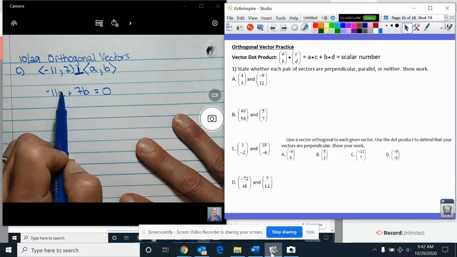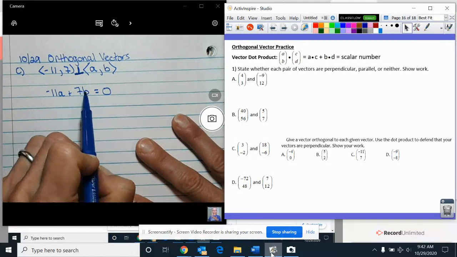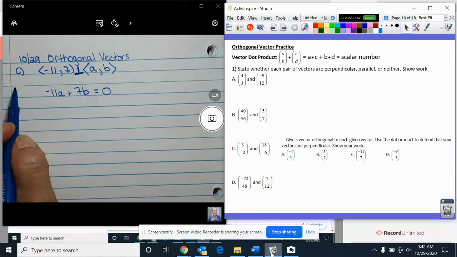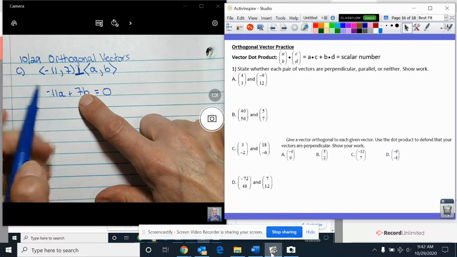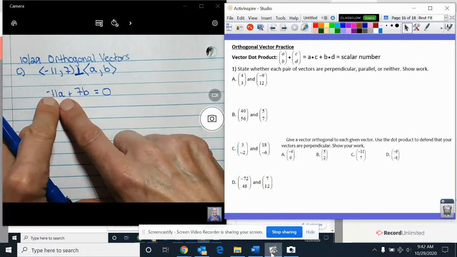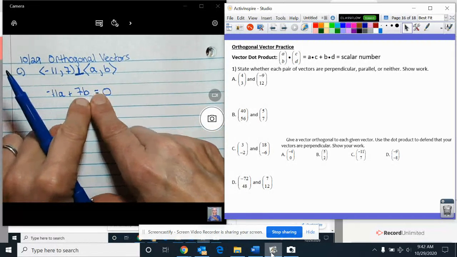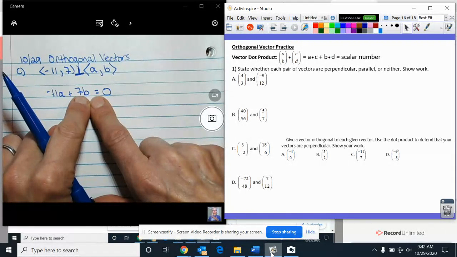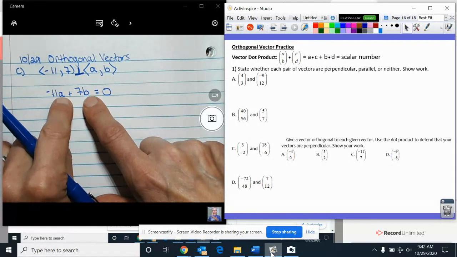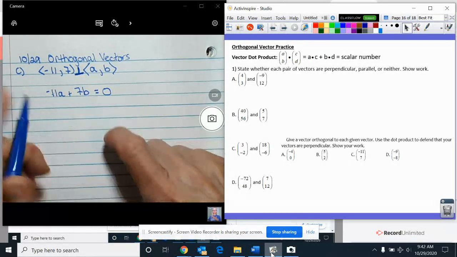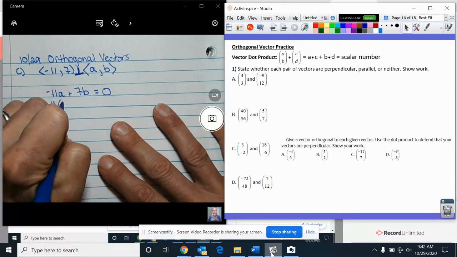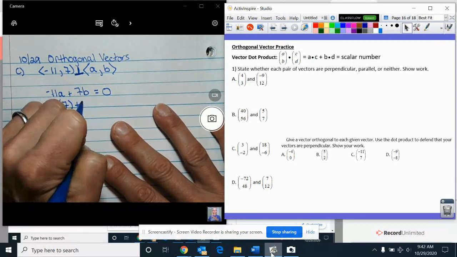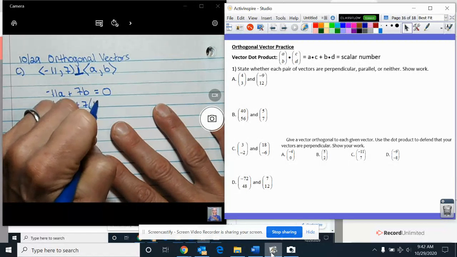One way to think about this is using the numbers that you have here. Notice this part is negative, so let's keep this part positive. And so both A and B need to be positive values. And what about negative 11 times 7, and then plus 7 times 11?